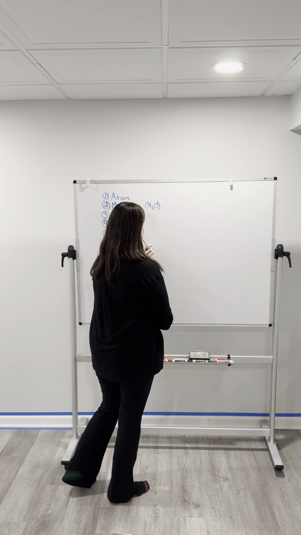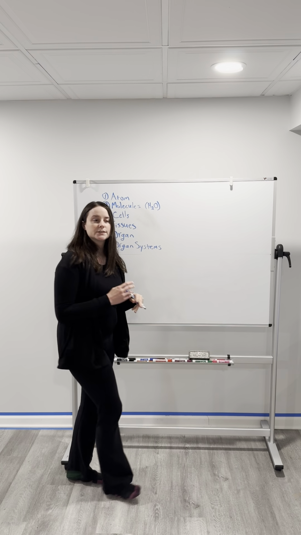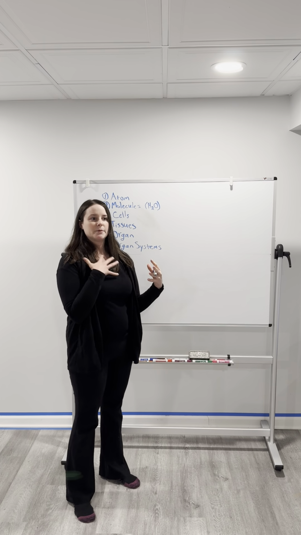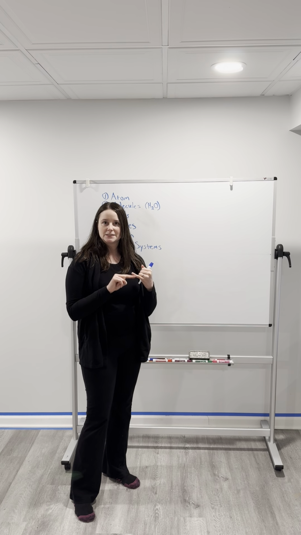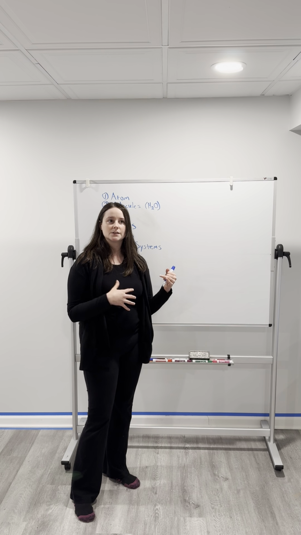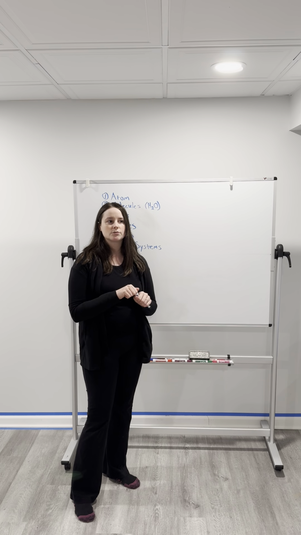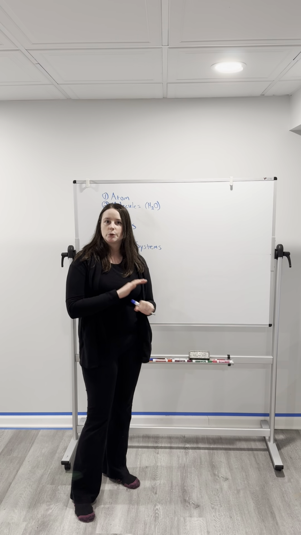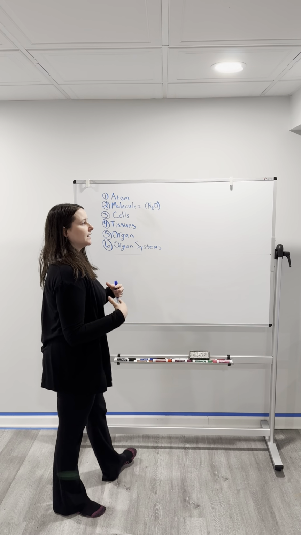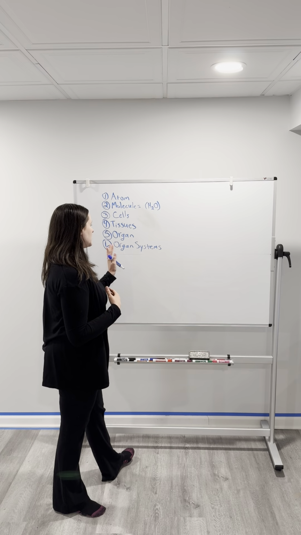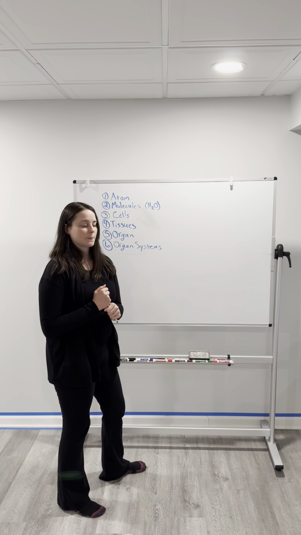So like the digestive system, okay? So the digestive system is made up of lots of different organs, like I just mentioned, the stomach, the esophagus, the liver, the pancreas is involved, the intestines, of course, okay? So lots of different organs come together to make up the digestive system, okay?